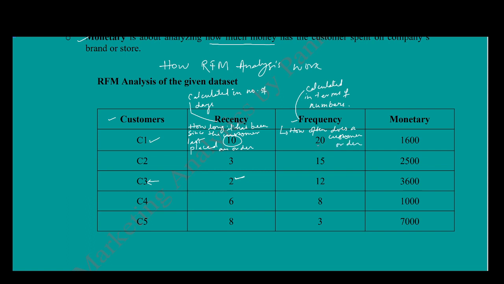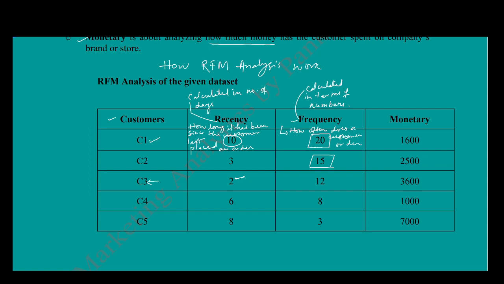So if I see that customer C1 placed 20 orders, customer C2 placed 15 orders in a given time.